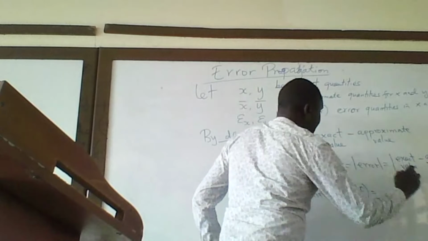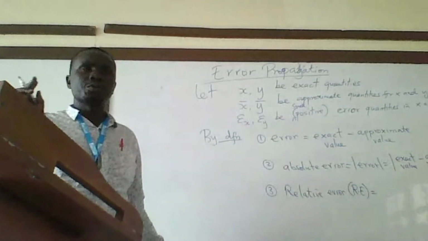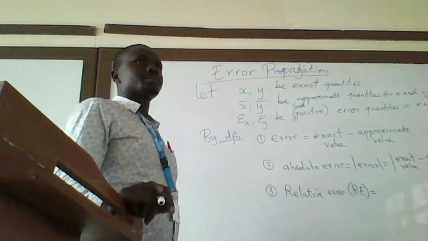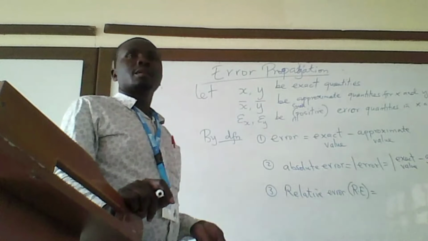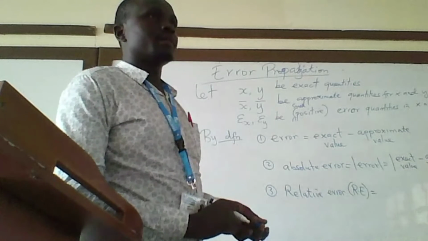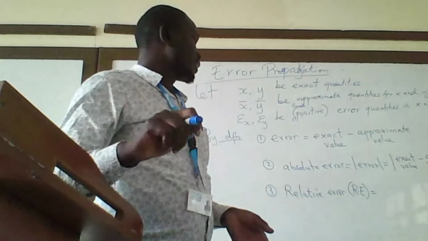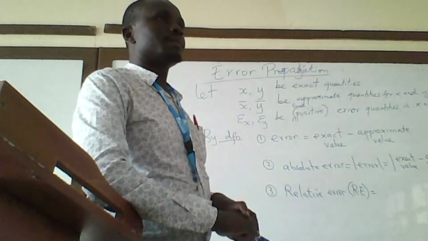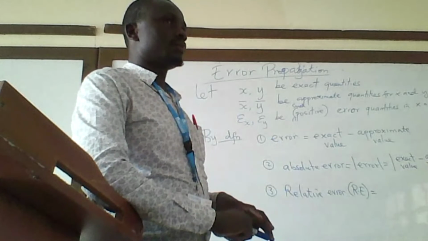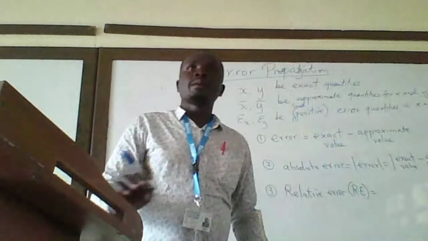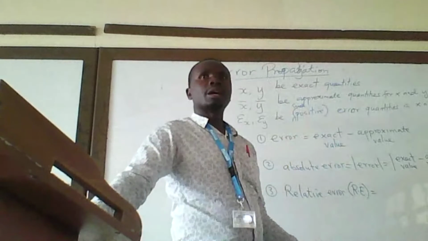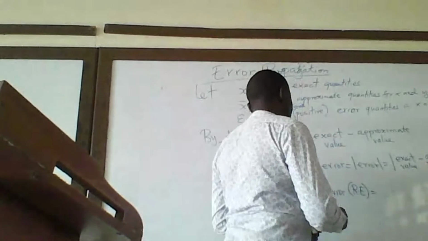So we'll use RFE to mean relative error. How do we compute relative error? From Form 3 work. Relative error is given by absolute error over actual value, okay? Yeah, absolute.